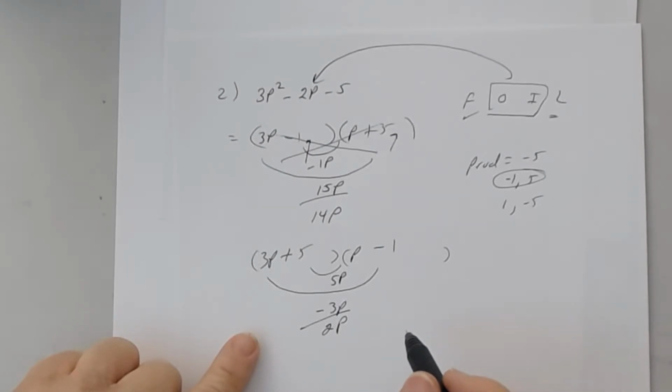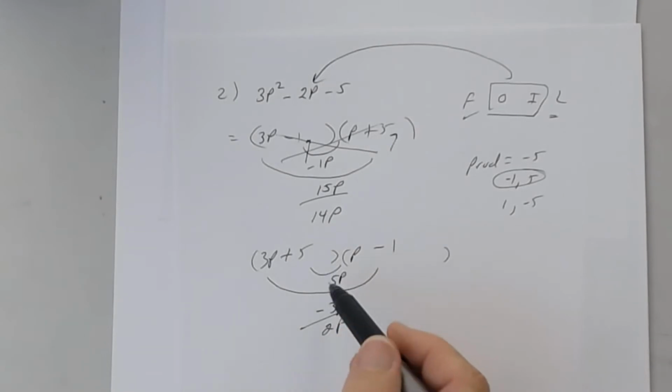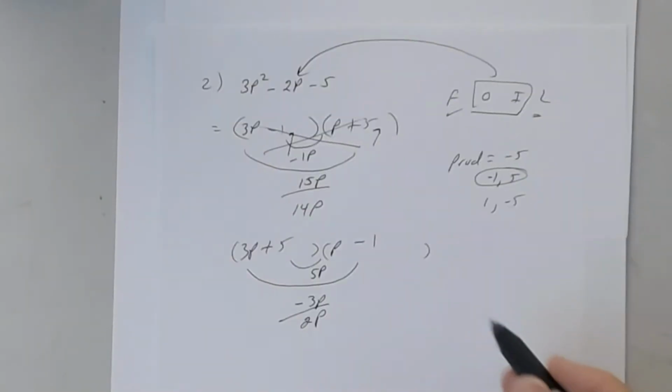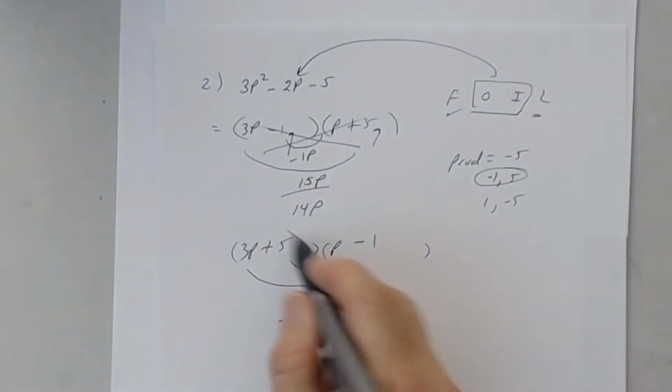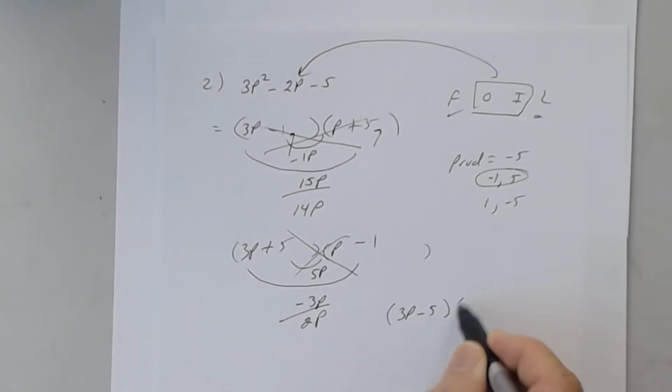Is that what I wanted? No. What did I want though? Negative. So you see how I got the 2p? The only difference is that sign. If the only difference is the sign, then all you gotta do is change the signs in the parentheses. So that didn't work. So the answer should be what? 3p minus 5 times p what? Plus 1.